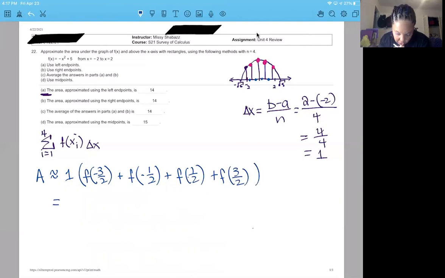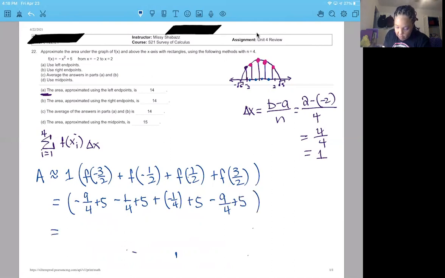All right, and when I plug that in, negative 3/2 gives me negative 9/4 plus 5, plus negative 1/4 plus 5, plus another negative 1/4 plus 5, plus negative 9/4 plus 5.